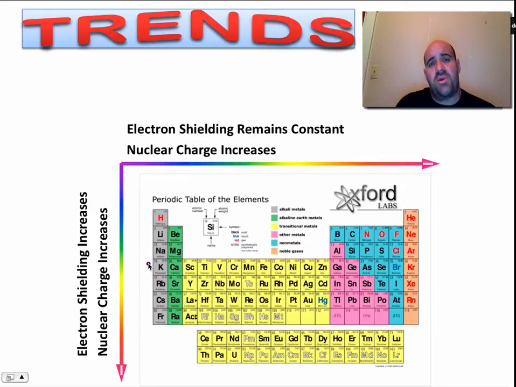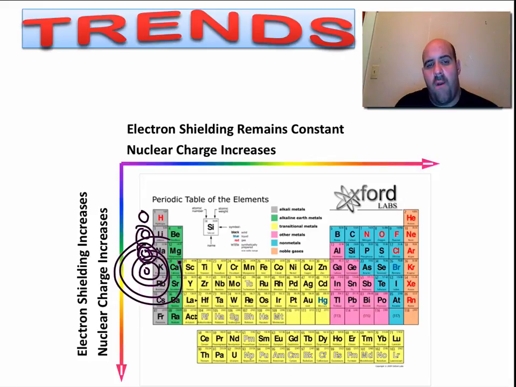The pull of the nucleus is getting stronger and stronger. But electron shielding is increasing every row you go down. You're adding a new energy level. Sodium would be 3. Potassium would be 4. You're getting more and more electron shielding, electrons that are repulsing one another. So you can't feel the total pull of the nucleus because there's other electrons that are shielding you from it.